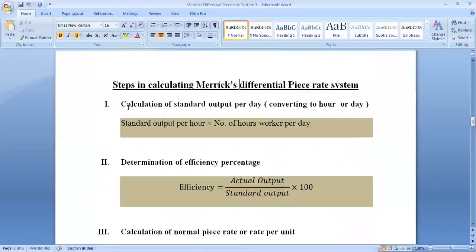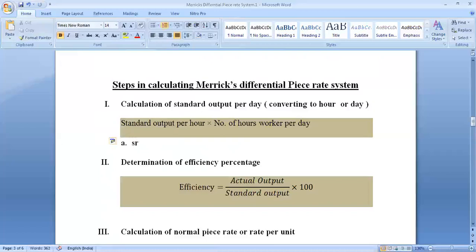The first step is calculation of standard output per day. If the output is given in seconds, for example 10 seconds for 1 unit, or 30 seconds for 1 unit, first we have to convert it into minutes, minutes to hours, and hours to day.